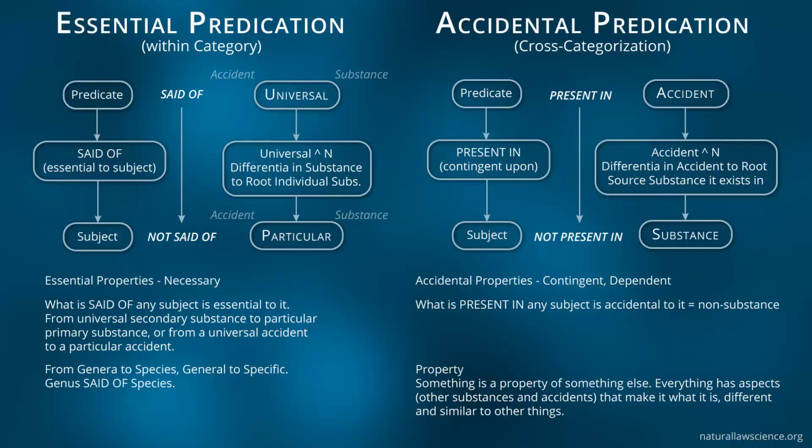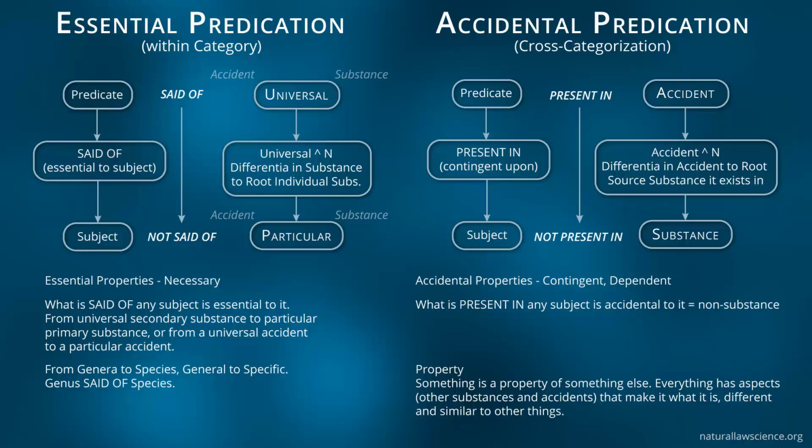The body is the substance, and then the white, the particular accident of this white, has white as its higher universal, which has color as its higher universal. Anyways, that'll be in 2 infographics coming. It'll be explained more as a specific example.